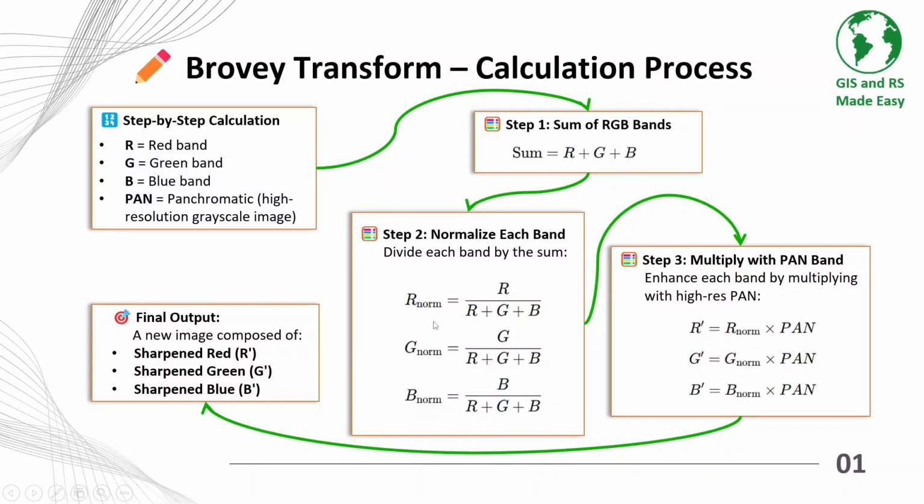This means this normalized value will be multiplied by the pan image, and since the panchromatic image is 15-meter resolution, our converted or final image output will be 15-meter. It will be sharpened red, sharpened green, and sharpened blue bands. Those sharpened bands make our final high resolution RGB image.